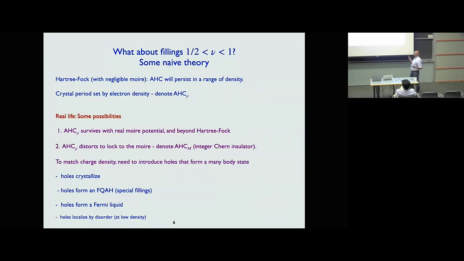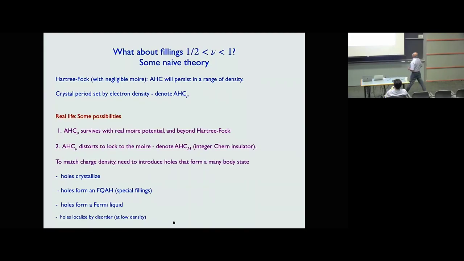So let's think about what might happen in real life with Hartree-Fock as some loose guidance. Some possibilities are listed here. First, you might imagine a possibility where this AHC rho state survives even with the real Moiré potential and even beyond Hartree-Fock. That's just a candidate state that you could contemplate.